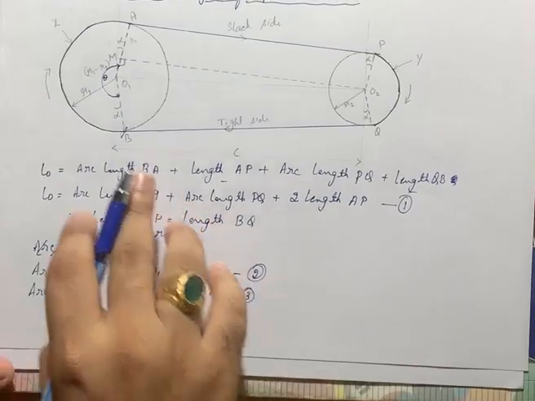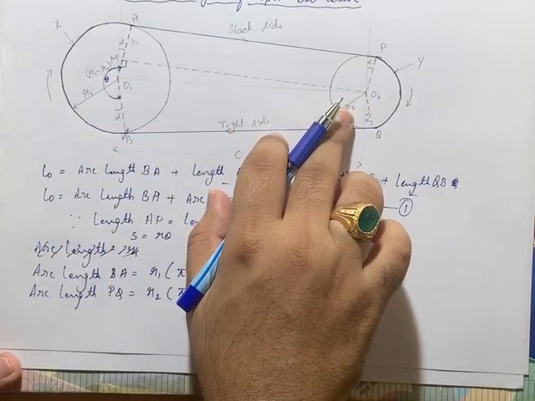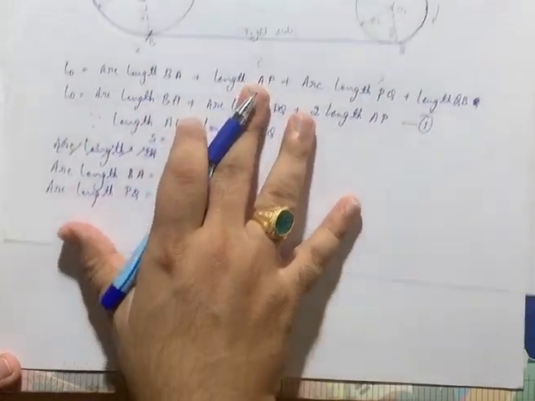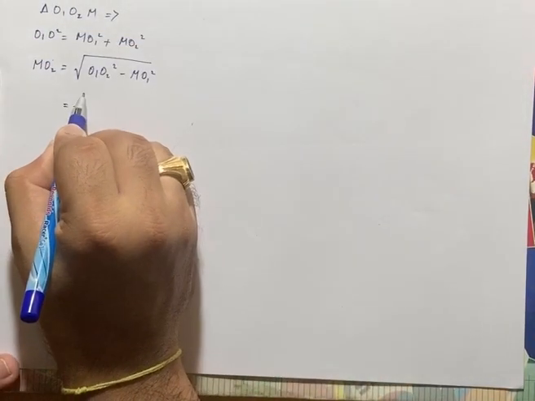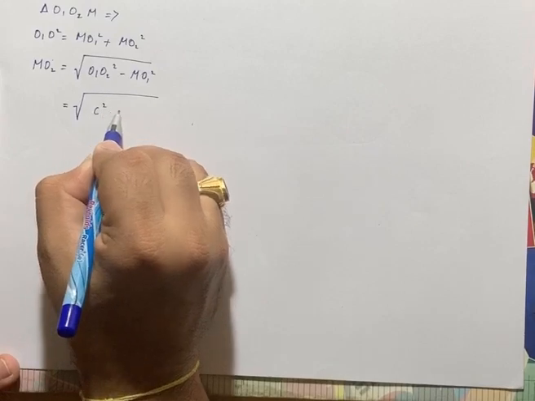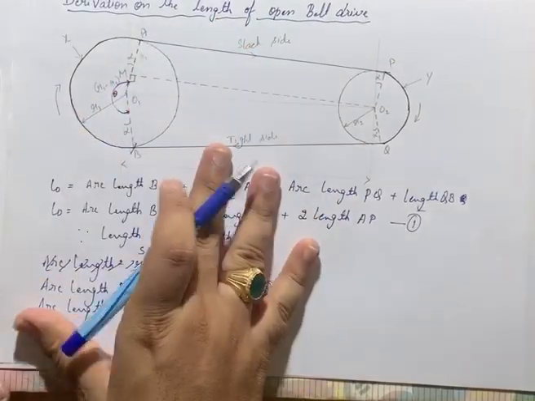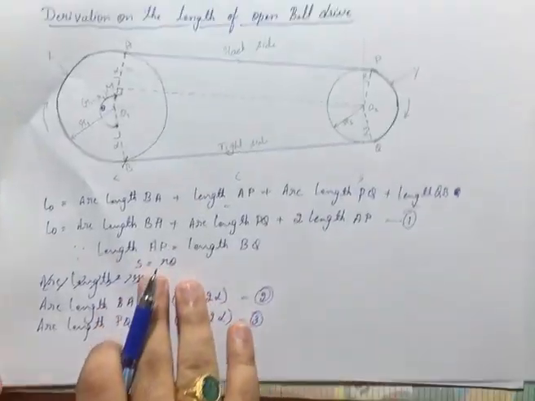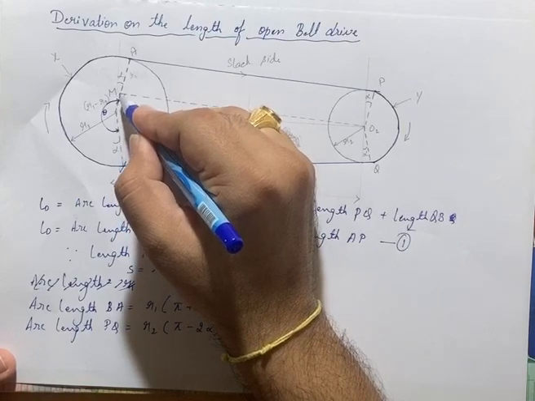Now what is O1 O2? In this diagram you can see O1 O2 is the distance between the centers, that is nothing but C. So O1 O2 is C square minus M O1, sorry, M O1 here, not M O2. M O1 is what? This distance.